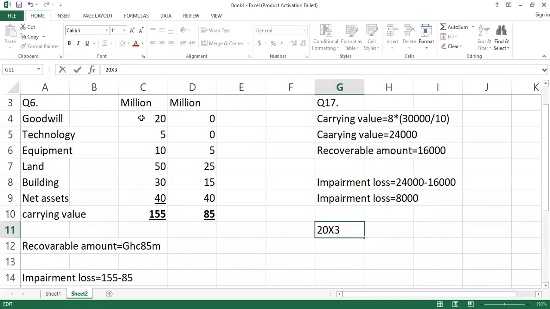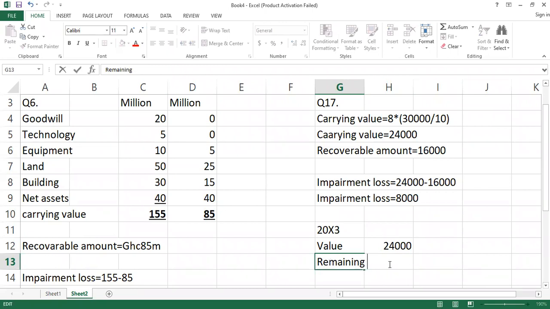Okay. So from 2S3, what will be the value of the asset now? 24,000. What will be the remaining useful life? 8 years. Remaining useful life is 8 years.